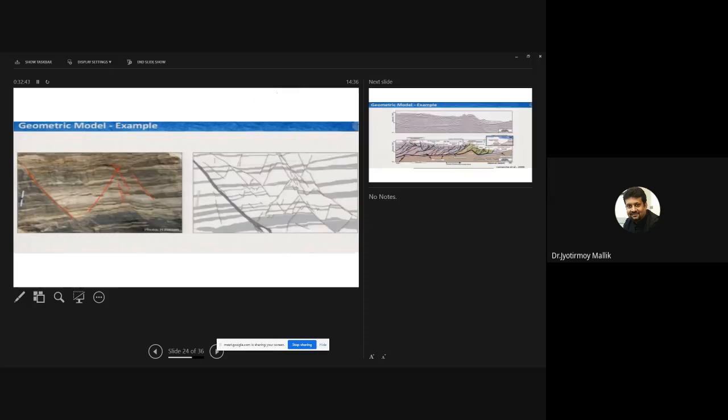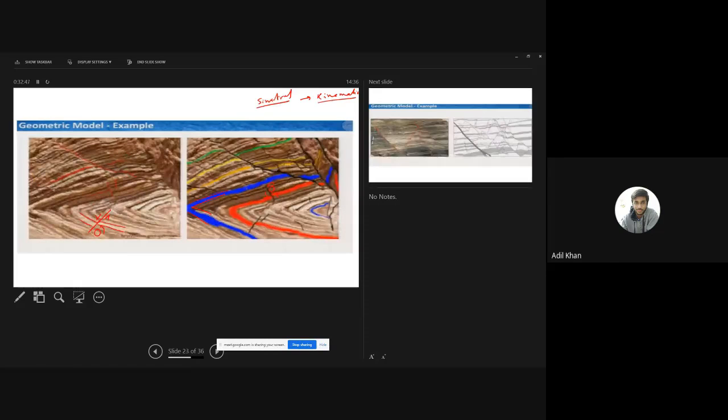Now let's look at another picture. Excuse me, sir. In the sinistral fault that you showed, it formed due to a kinematic process. But we will consider this under the geometrical model, right? Yeah, whenever you talk about sinistral, it becomes kinematic. Then you cannot stop there. Then you have to talk about why sinistral.